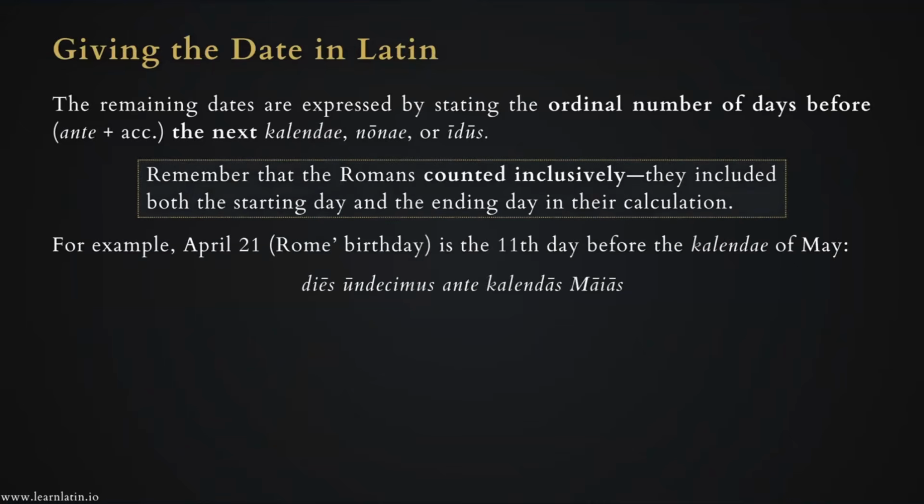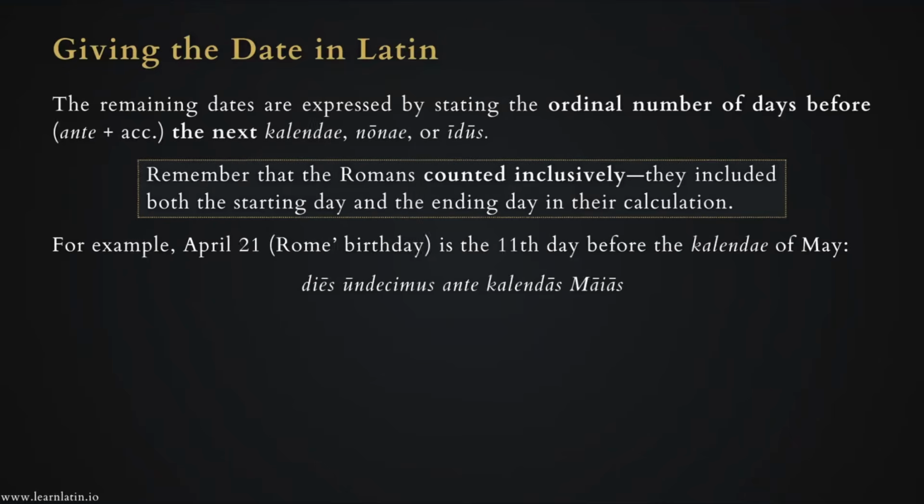For example, Rome's birthday, April 21, is the 11th day, and that's an ordinal, as you can see, before the calendae of May. That is, April 21 is the 11th day before the 1st of May. So what's the point of reference to express the 21st of April?